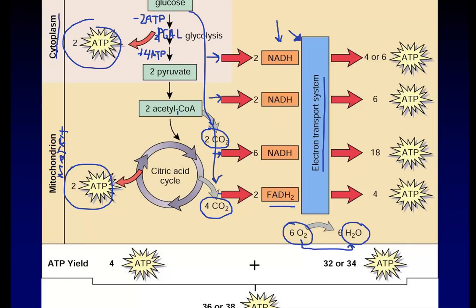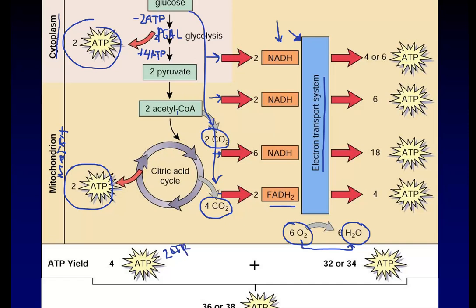And then it says down at the bottom, it says for all of the electron transport system, you get 32 to 34 ATP. For the citric acid cycle, we ended up with 2 ATP. And then from the glycolysis, there was another 2 ATP.